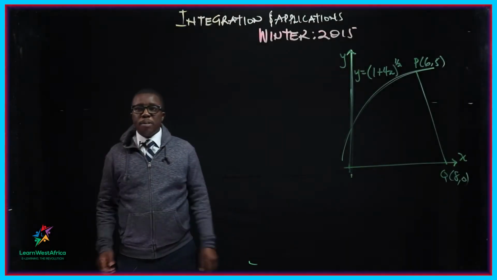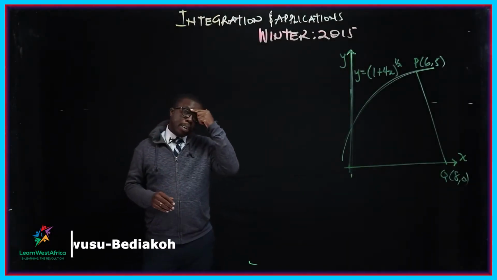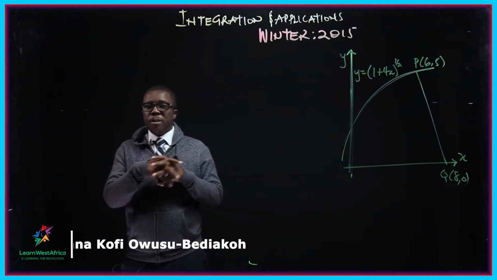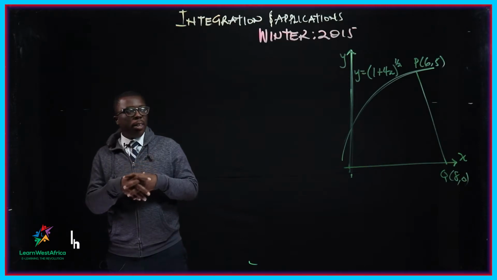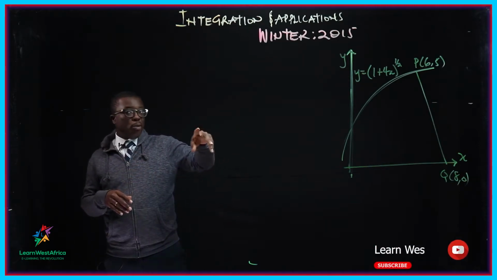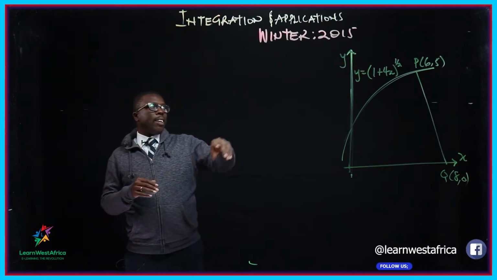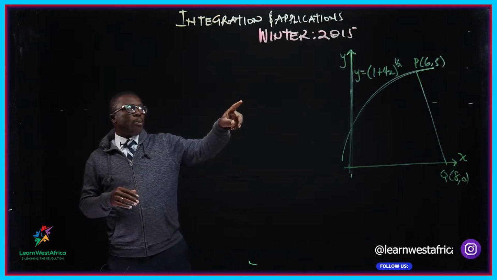For the winter 2015, the first question, as was shown on the screen, QP11, the first variant, question 11. You had this diagram being shown there. I just tried to reproduce it in a way that will make it easier for you to see. The equation of the curve is y equals 1 plus 4x all to the power half.